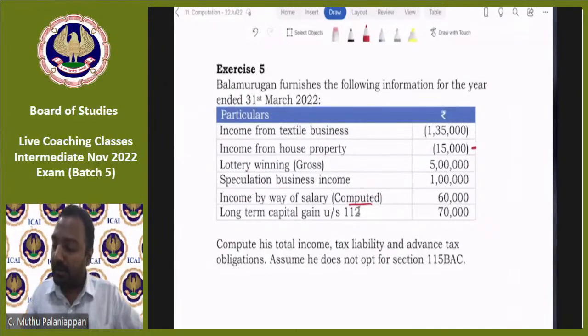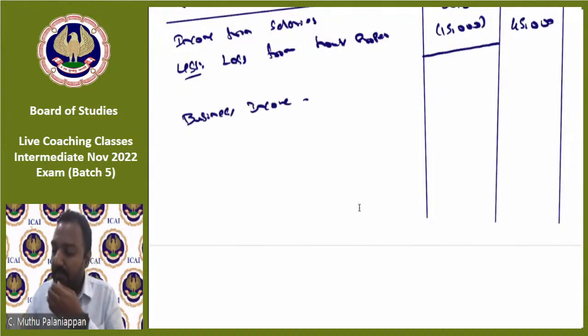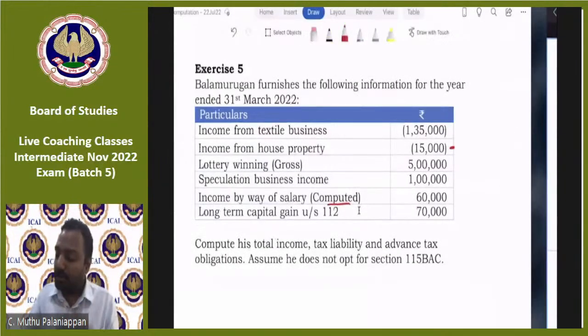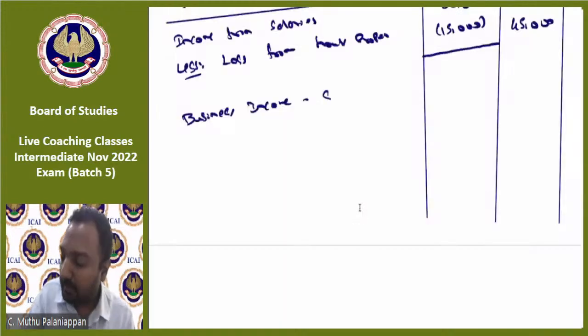We have already covered house property. The next head will be business income. Regular business is a loss, and your speculation business is 1 lakh. So you start with speculation, 1 lakh.